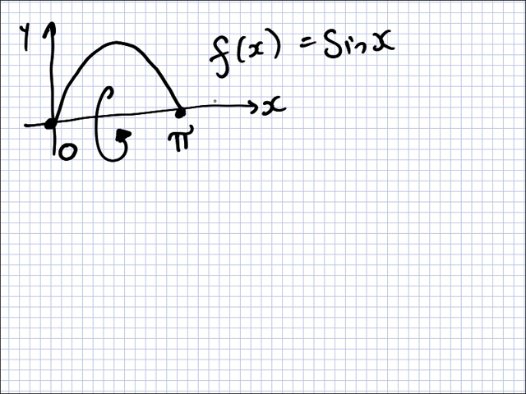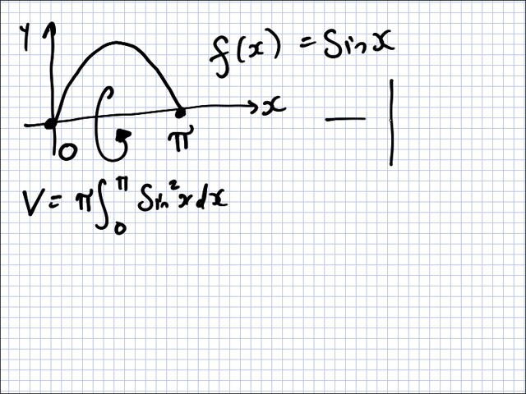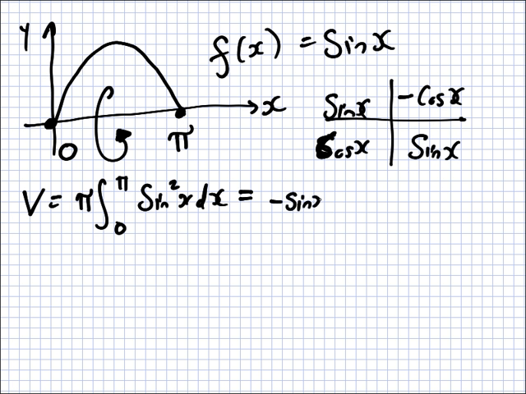Let's calculate. So the formula is V equals pi integrate 0 to pi of sine squared x dx. Okay? So if we use our by parts formula, f is sine x and f derivative is cos x, and g derivative is sine x and g is minus cos x. So this is equal to fg minus integrate f derivative g.